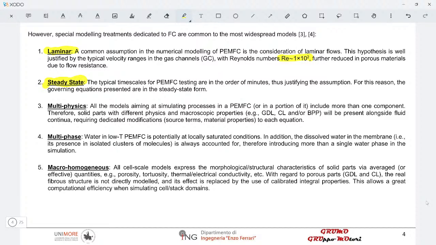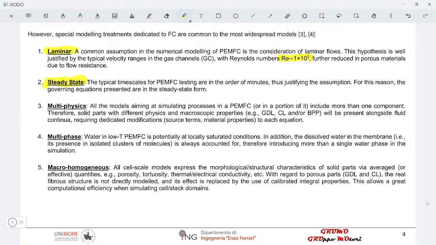And a typical problem of high interest, especially for the automotive sector, is the cold start of fuel cells, because these proton exchange membrane fuel cells, because of their water content, which as we said is so crucial for their optimal operation, might encounter freezing issues, especially for long stop periods in winter conditions.